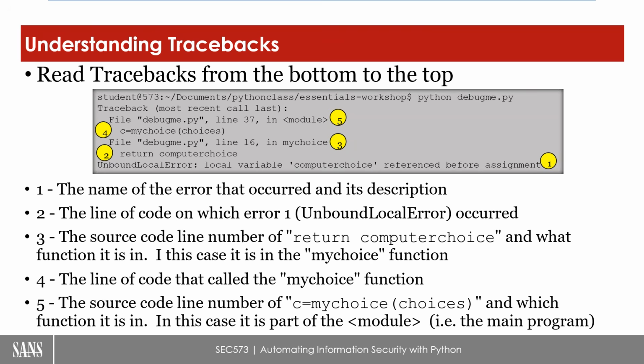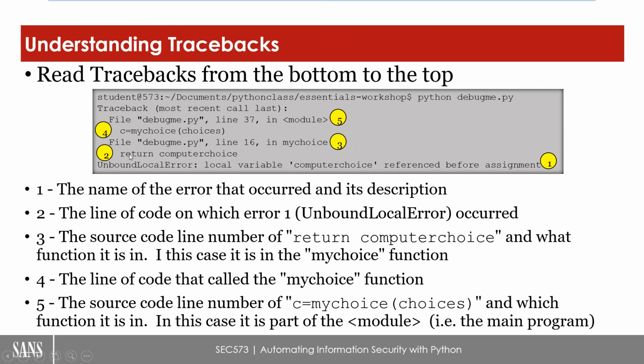The question that I might ask is, okay, this variable computer_choice is being referenced before it was assigned. What line of code in my program, or where did that happen? If I want to know where it happened, I can look up one line. So this line 2 here in the traceback is where I see the line of code in the program where this error occurred. And here I can see it says, return computer_choice.